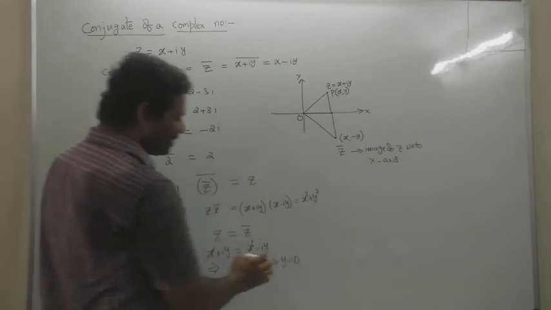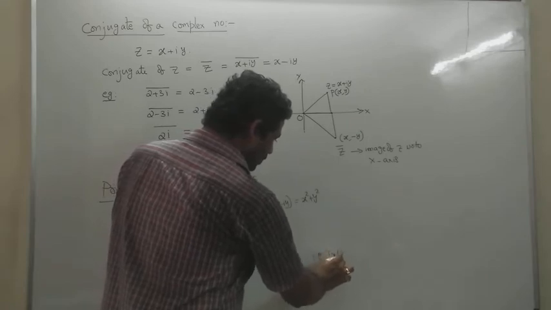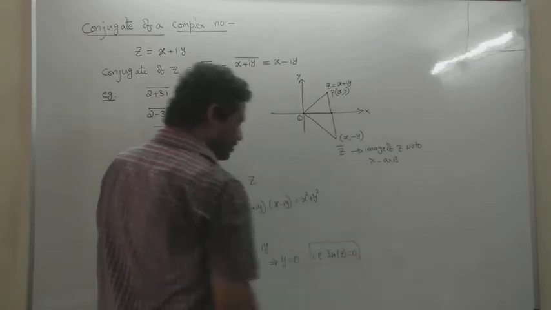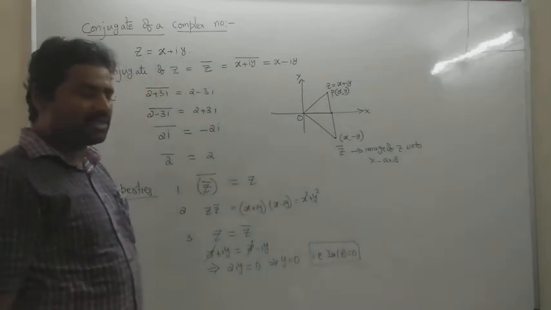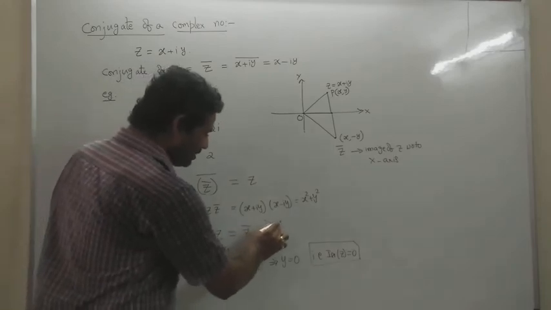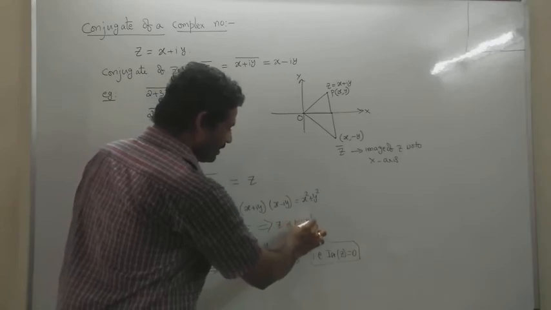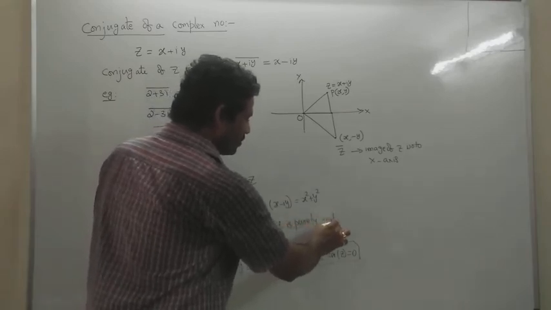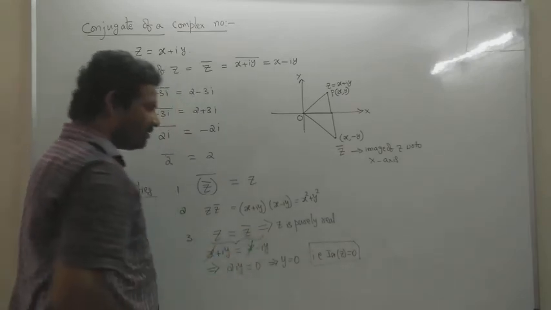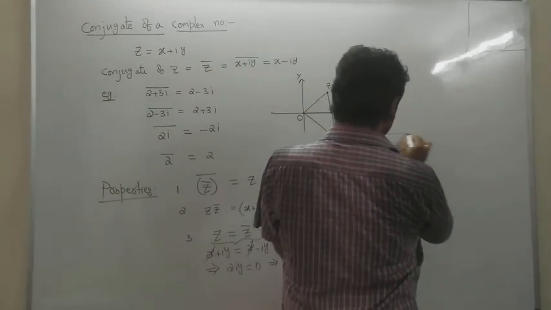So z equal to z bar means the imaginary part of z equals 0. Imaginary part of z is 0 means z equal to z bar, which implies z is purely real. So whenever z equals z bar, z is purely real.